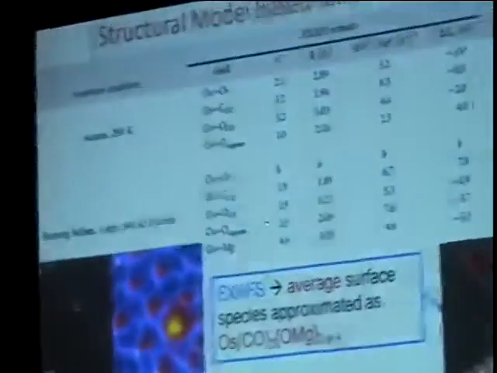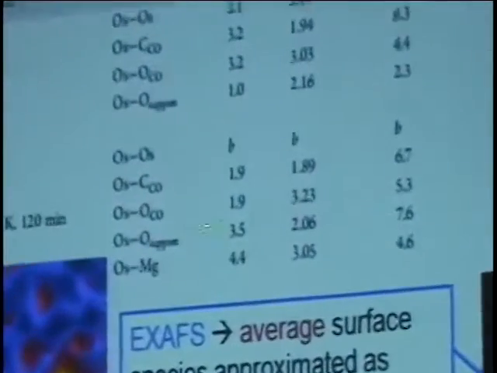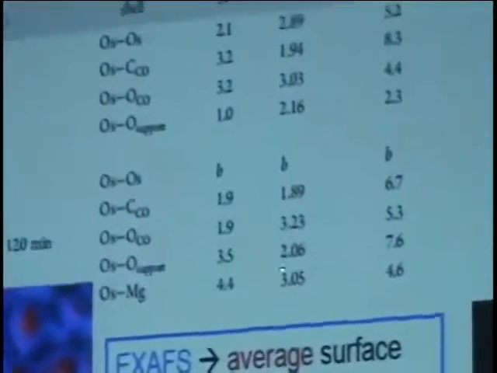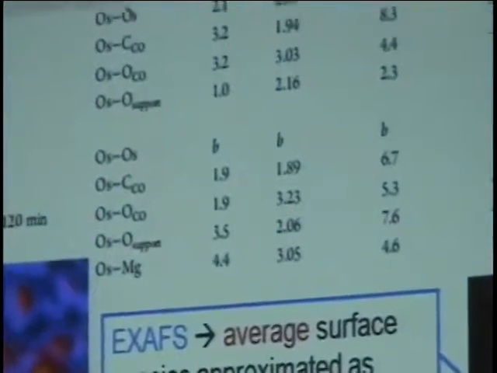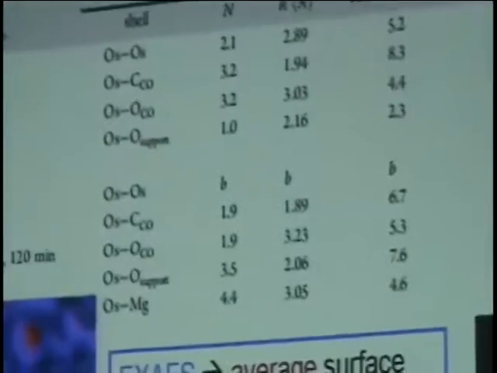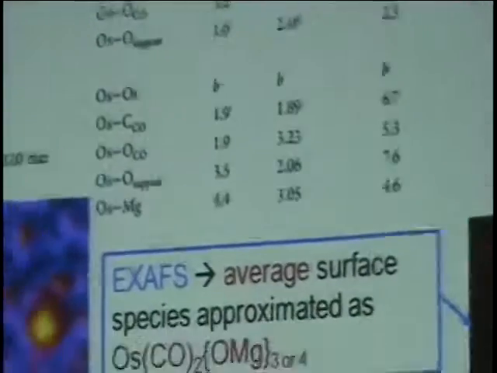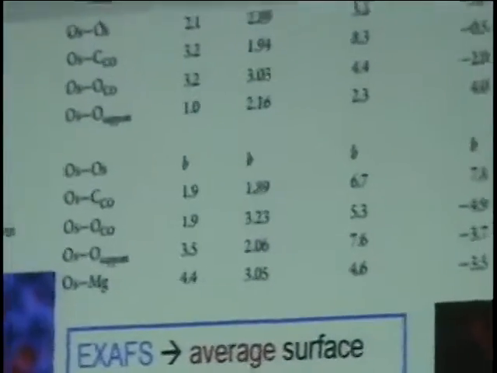And the key that we need to get beyond just the microscopy is the XAFS evidence. So for the mononuclear sample, we get an osmium-oxygen coordination number over the whole sample, various faces of MgO, of 3 or 3.5. And so what we're inferring on this particular surface is that the value must be about 4.